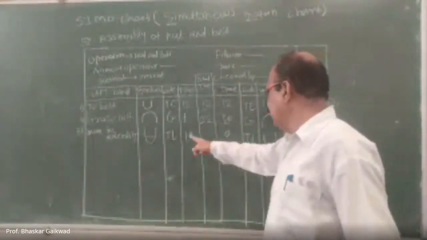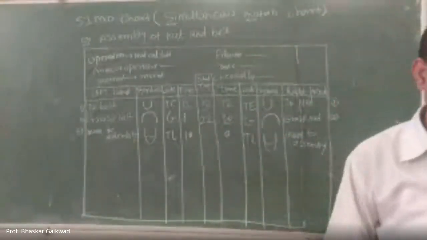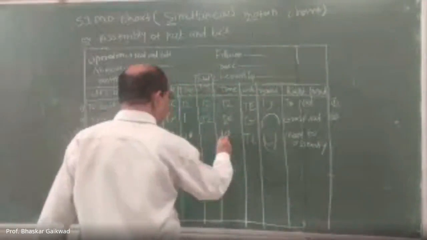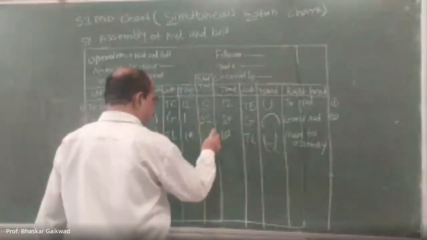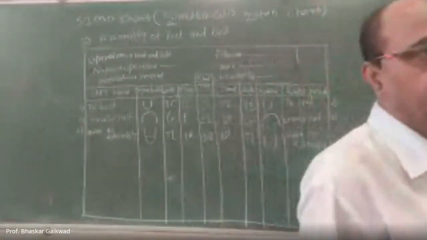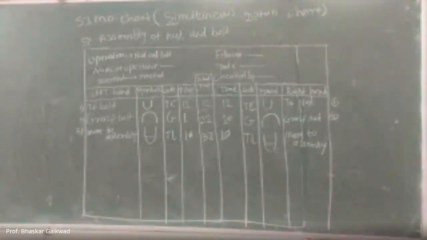Let us consider time 10. What is the cumulative time? 22 plus 10, 32. This is the 32 cumulative time.